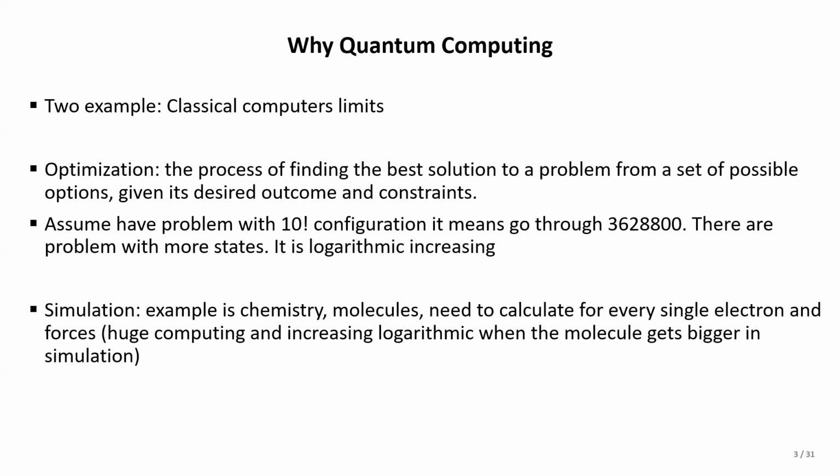And when the number of molecules in a specific area increases, we can imagine how many electrons and how many forces there will be. So it is huge computing and increasing dramatically. There are many examples in chemistry. They study molecules, and the simulation is really extensive. Quantum computing, based on its architecture and concept, is able to solve this type of problem.